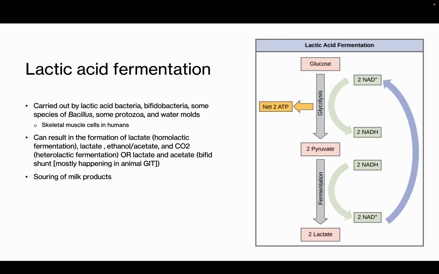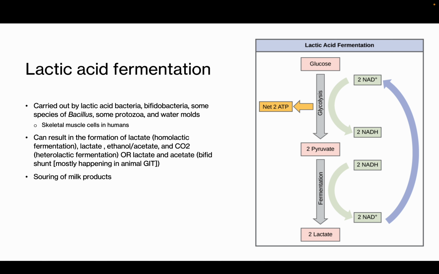Lactic acid fermentation can produce lactate, ethanol, acetate, and carbon dioxide. There are two pathways: homolactic and heterolactic. For homolactic fermentation, the output is lactate, while for heterolactic fermentation, there's a mix of outputs: lactate, ethanol, acetate, and carbon dioxide.